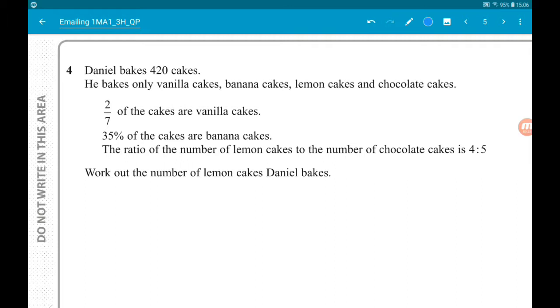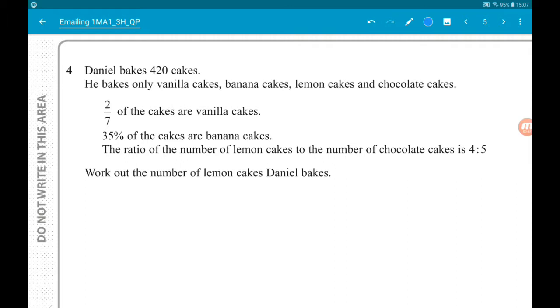The ratio of lemon and chocolate cakes is 4 to 5. Our job is to work out the number of lemon cakes Daniel makes. So, quite nice for 5 marks, to be fair.